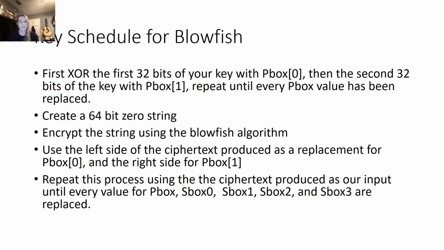You'll use the left side of the ciphertext produced from the algorithm as a replacement for pbox 0 and the right side for pbox 1. And you will continue this process until every value of pbox, sbox 0, 1, 2, and 3 are all replaced. This means that if you use the standard 18 values, this will happen approximately 541 times, if I'm not mistaken.